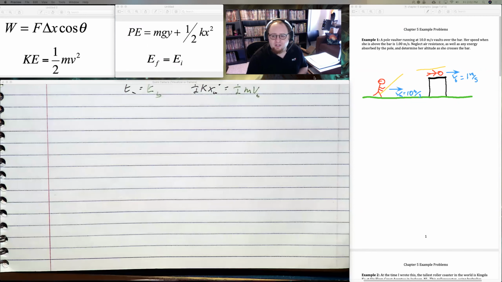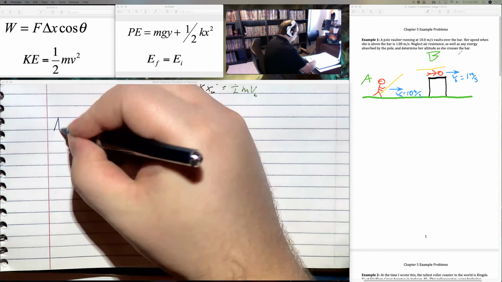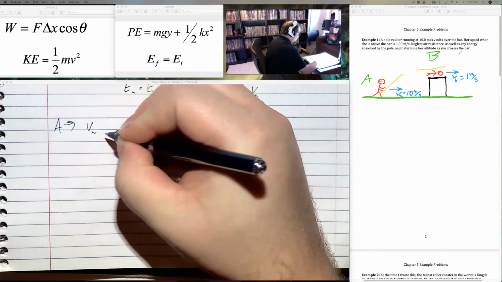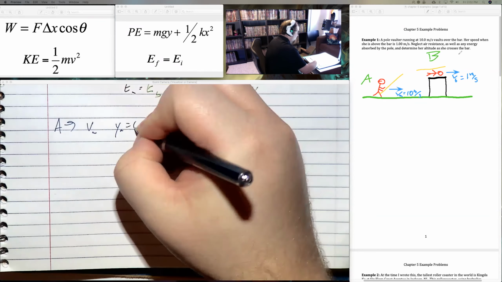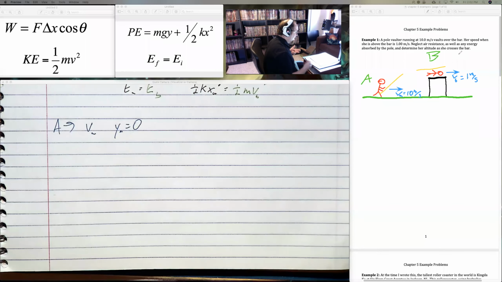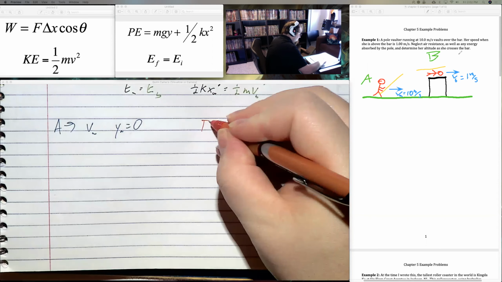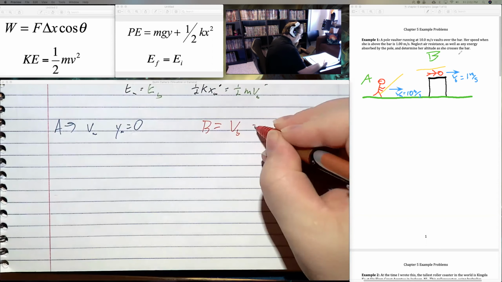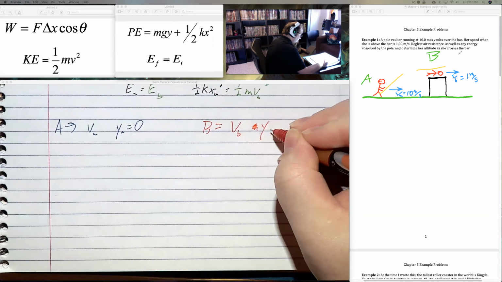If I call my two spots A and B, really it's going to be, this is my A, this is my B. I can say at A, I have a velocity, and my height is 0, because I'm on the ground. I'm going to make that my lowest point. At B, I have some velocity, and my height isn't 0.